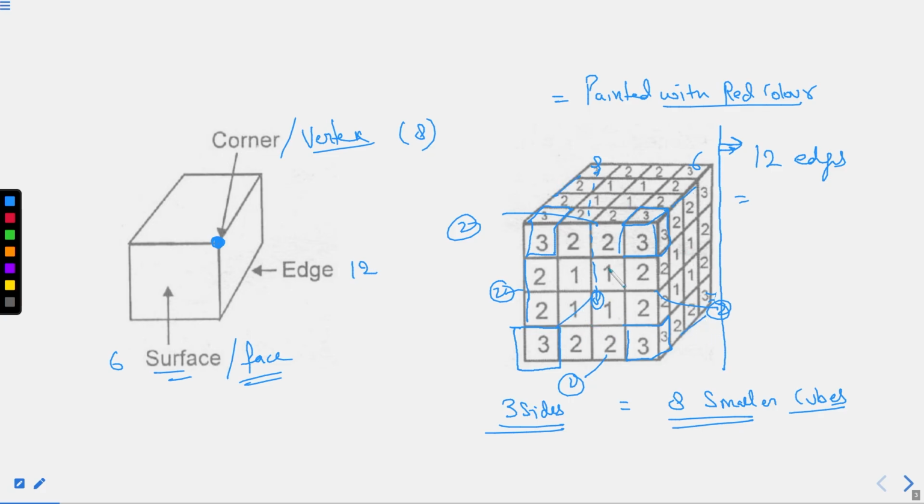If we redraw these lines, 2 will be here as well. So 8 more are there. Similarly 2 at the back, 2 at the lower part, 2 here, and 2 adjacent to it. Total of how many? 2 into 12, that is 24 smaller cubes.